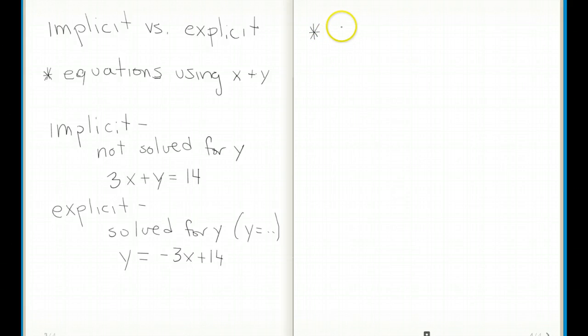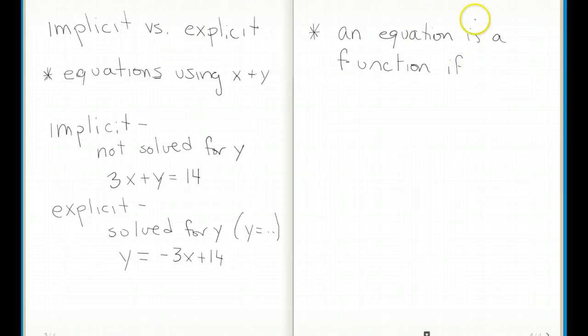We'll say an equation is a function if it can be written in terms of y equals. And what I mean by that is if it can be written explicitly.